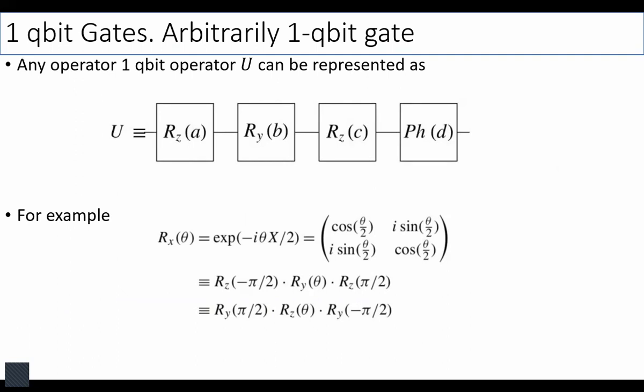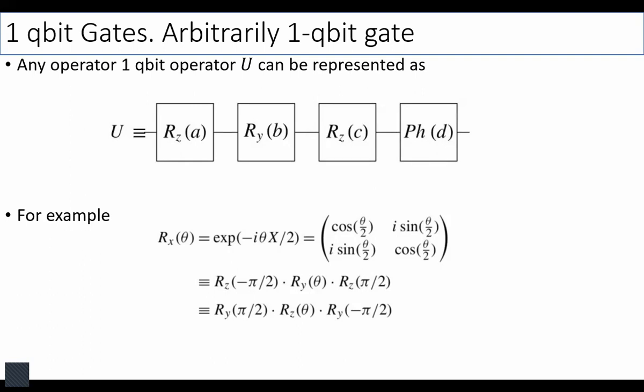I think you will thank me that I don't show those multiplications, because you can do it, but people have done it for you. It doesn't matter, because all you should remember is that any one-qubit gate can be represented as a composition of Z and Y rotations, and this phase story as well.